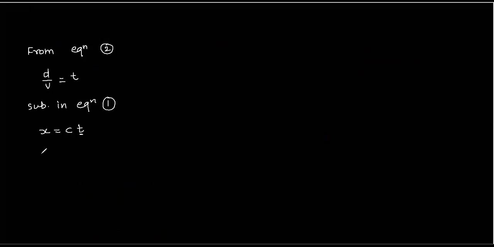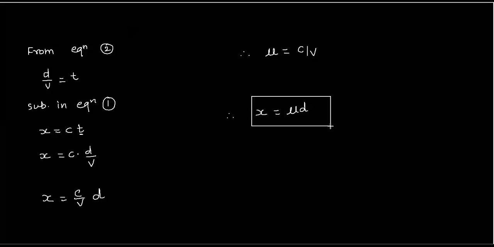At the place of t, I substitute d by v. So x is equal to c by v into d, and we know mu is equal to c by v. Therefore x is equal to mu into d. This is your optical path. x is equal to mu into d.